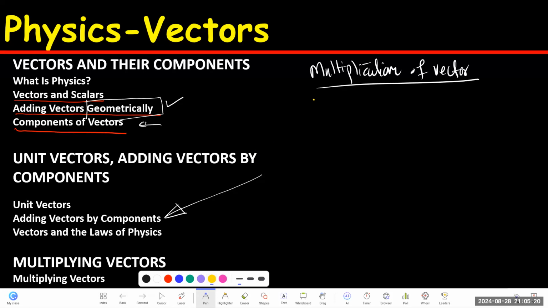The first one is when vectors are only numbers that need to be multiplied. Just like 5 newton force and 6 newton force: if I want to multiply the two, the answer would be 30 newton. This multiplication is called dot.